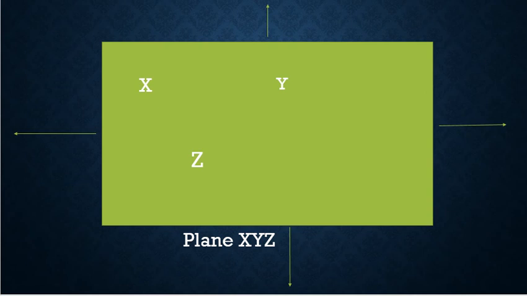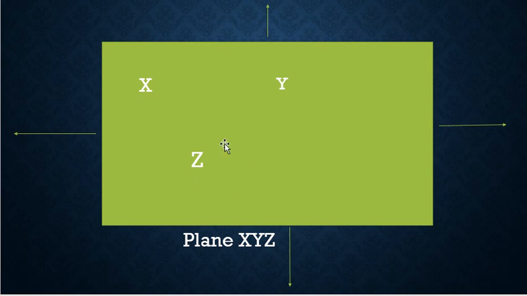Now what is a plane? We see the surface of a blackboard in our classroom, we see the flat screen of our TV. These are all examples of a plane. Now you can see over here we have a plane.